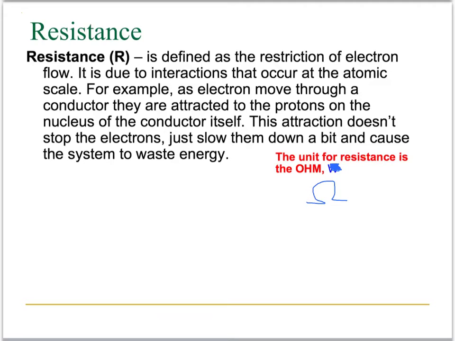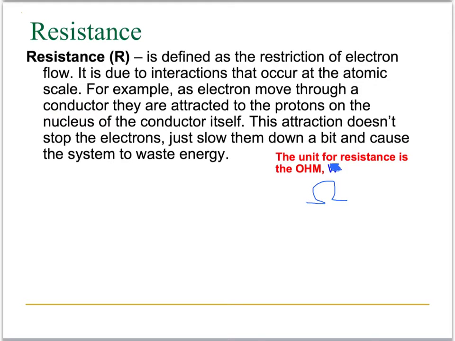Let's focus a little bit more on the term resistance. Resistance is defined as the restriction of electron flow. It is due to interactions that occur at the atomic scale. For example, as electrons move through a conductor, they are attracted to the protons on the nucleus of the conductor itself.